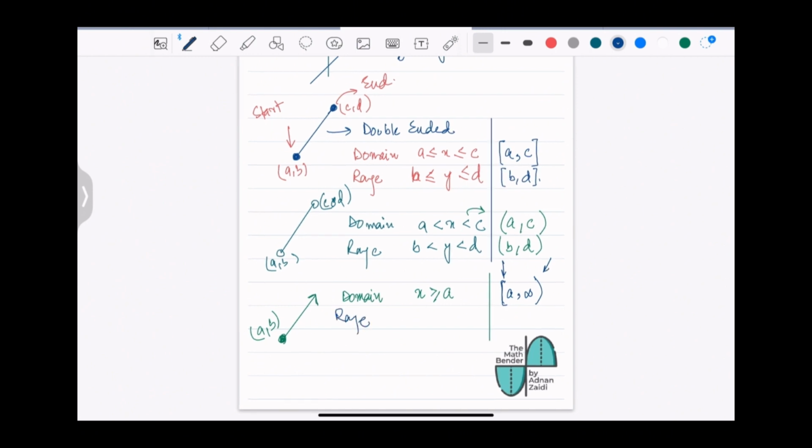The range of this function is y is greater than or equal to b, because it is single-ended. So you write it the same way, [b, infinity) with a round bracket.